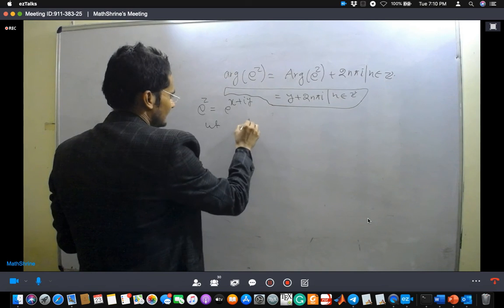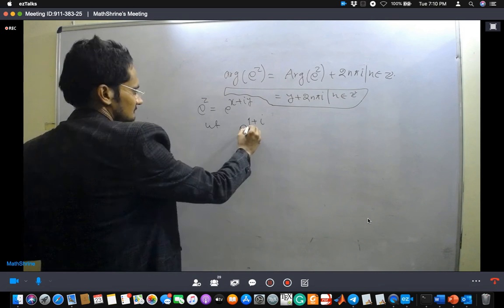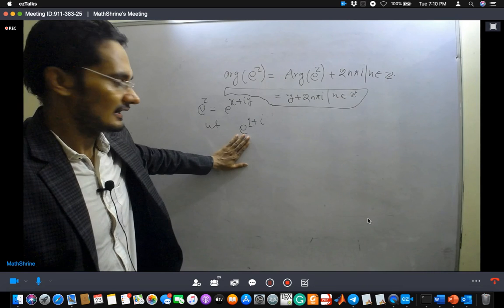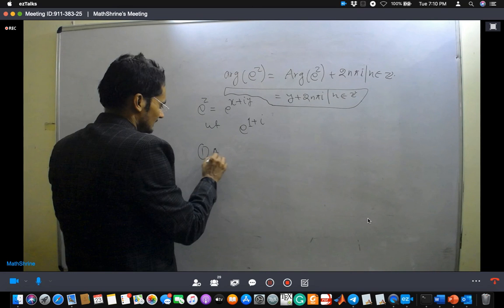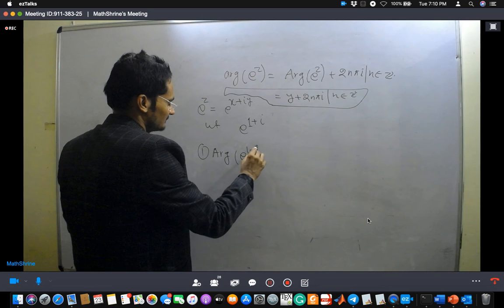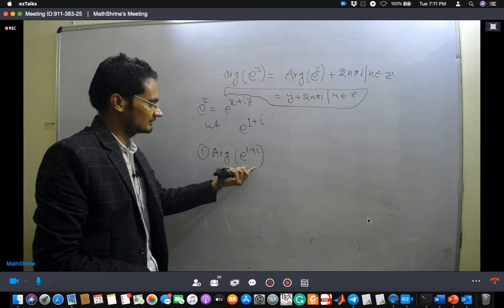This is a complex number, so tell me what will be the answer, the capital argument. Second, the small argument of e to the power 1 plus iota is 1 plus 2n pi iota, where n belongs to the integers.